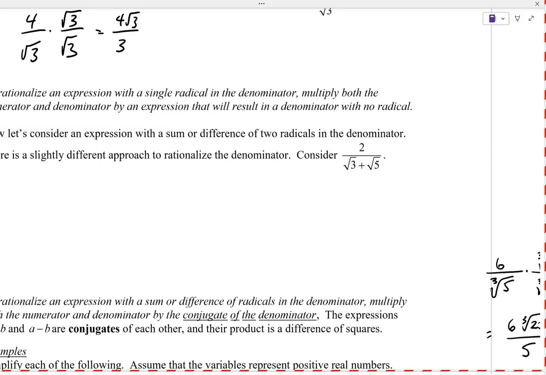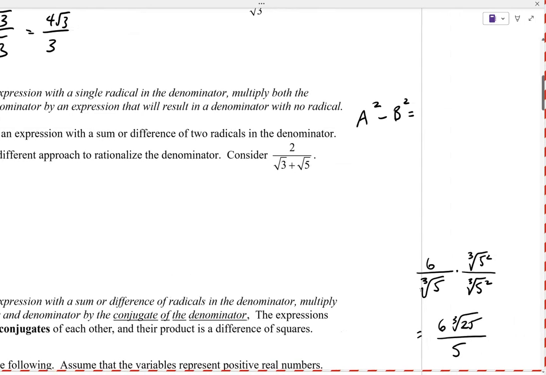So let's remind ourselves of something that we learned back in factoring. How does a squared minus b squared factor? That's a difference of squares. How does the difference of squares factor?